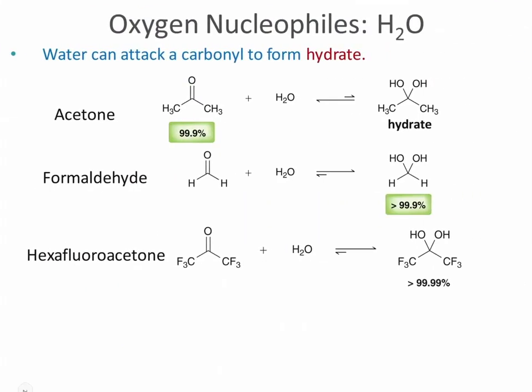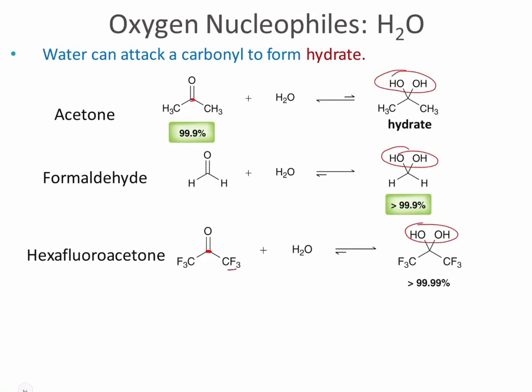We can utilize water as a nucleophile to attack the carbonyl carbon, and that leads to the formation of hydrates. Okay? What you notice here is that the reaction is forward favored when the carbonyl carbon is more electrophilic.